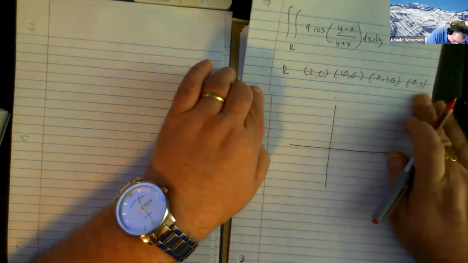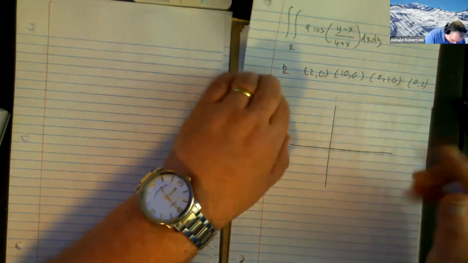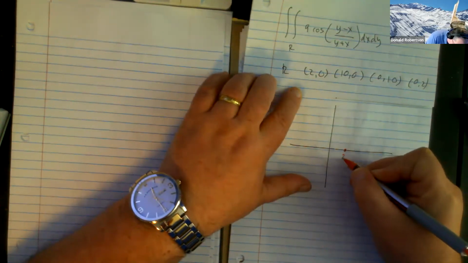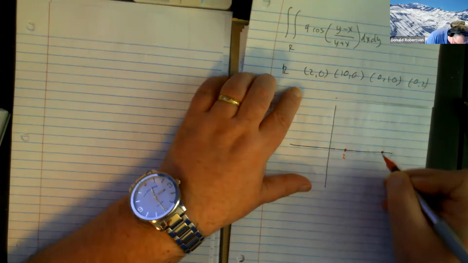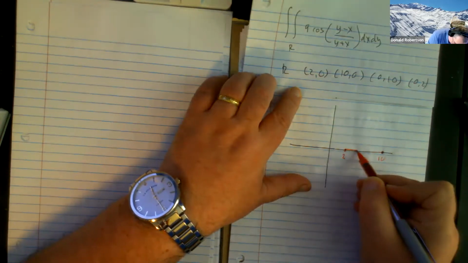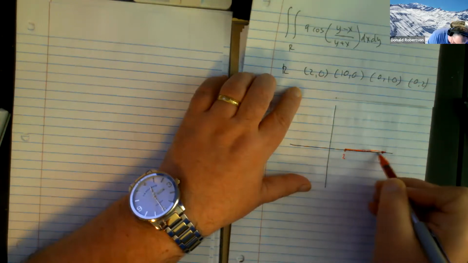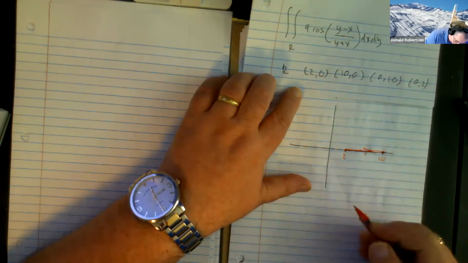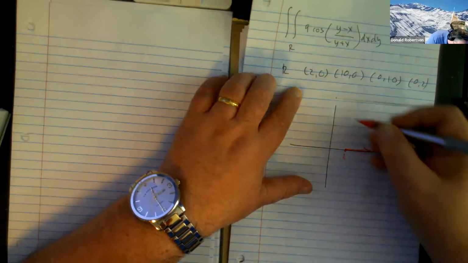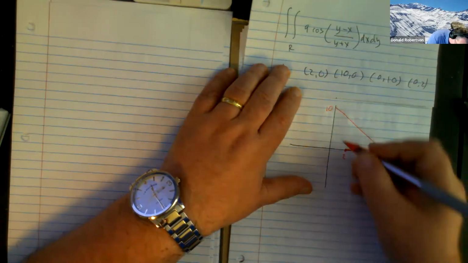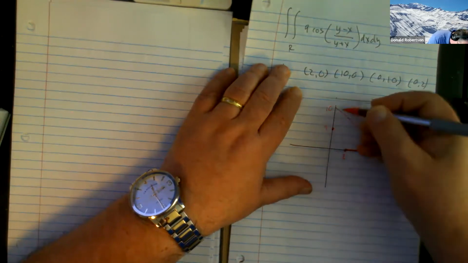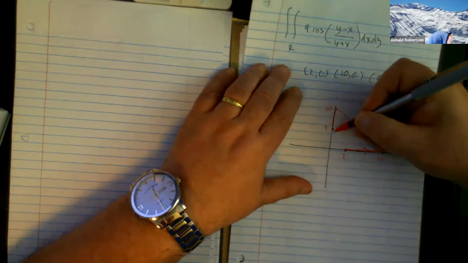Let's start. Make sure I've got all the points. There is my 2, 0. There is my 10, 0. So I'm going that way. A little arrow just to remind myself. I'm then going to go to 0, 10, which is up here. I'm then going to go down to 0, 2, which is here. And then I'm going to cross that way.